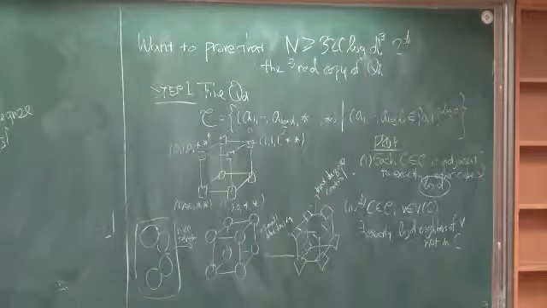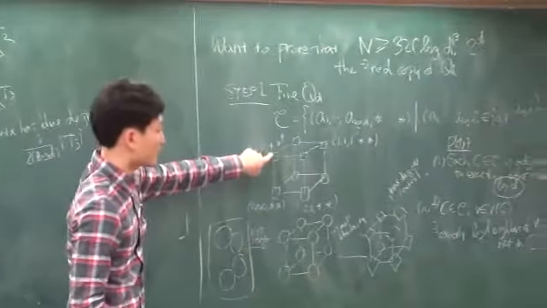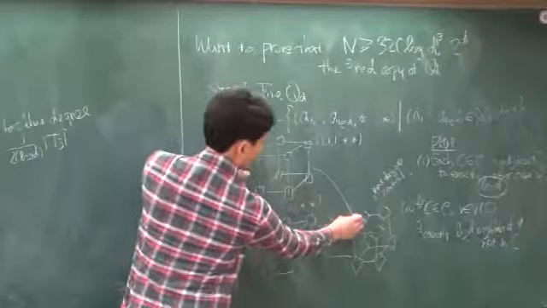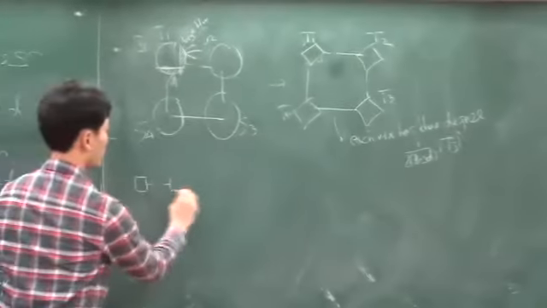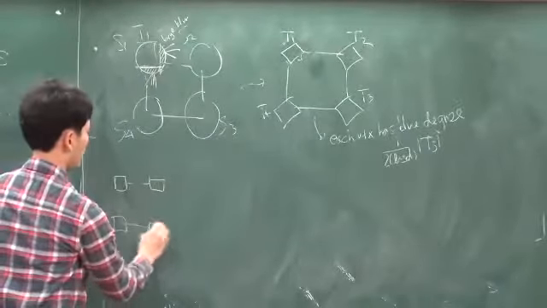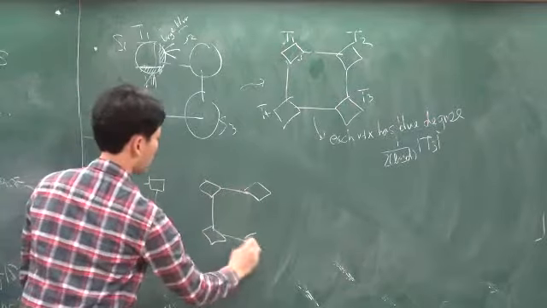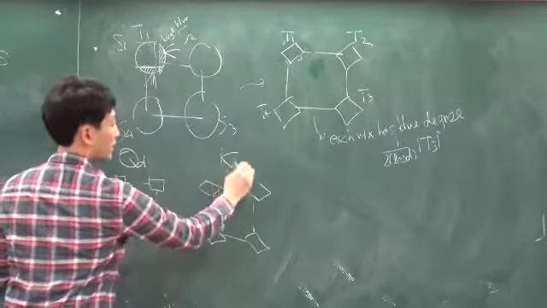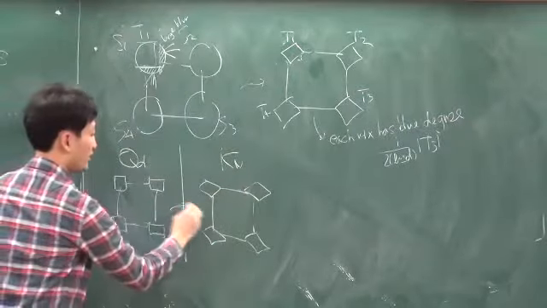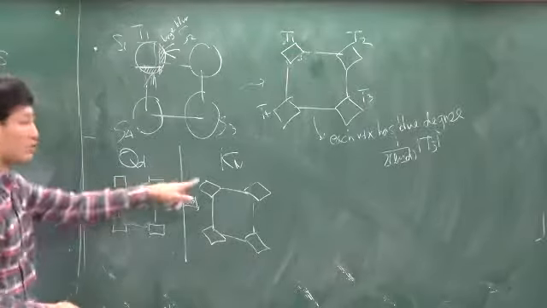So remember the greedy embedding strategy. Just pick one vertex at a time and try to embed it into this picture. I'll just draw the front 4 parts here. Remember, this is a hypercube Qd. This is a complete graph K and colored. We want to embed it. So pick one vertex at a time and try to embed it.